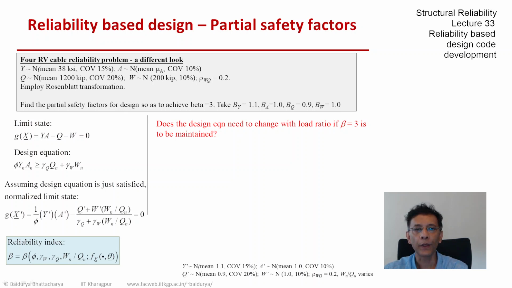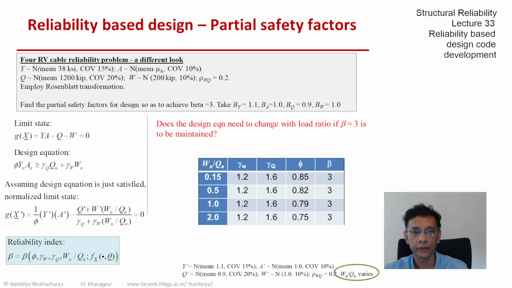So what determines the goodness of a design equation is how closely it follows the target reliability with varying design situations. And in this case, the varying design situation is expressed through that varying Wn over Qn ratio. So that's what I have circled in green in the bottom right corner. And now if we look at the results, the first row is what we had in the previous slide.